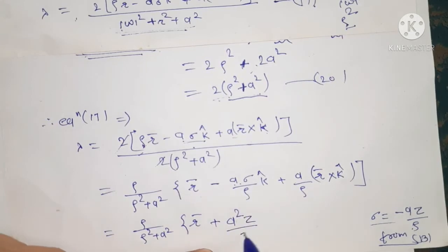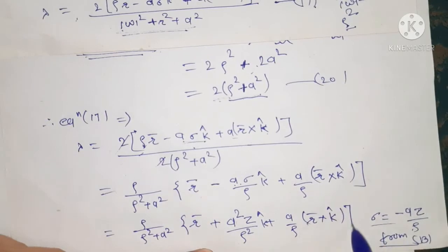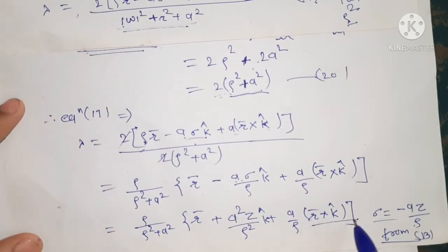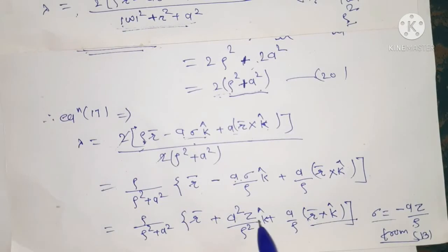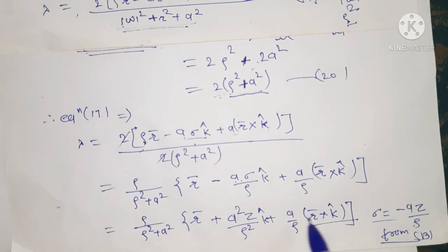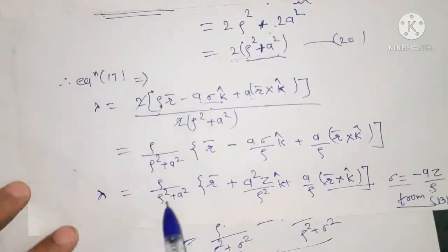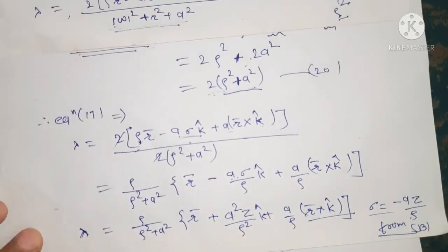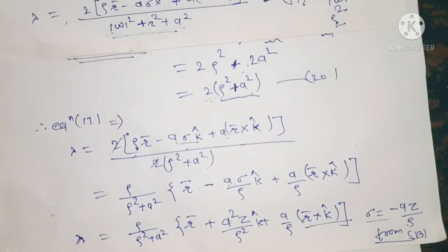So a square z upon rho square k cap plus a upon rho r bar cross k cap. Now we solve for the cross product r bar cross k cap. This is the value of lambda, but we find this value in terms of i j k so that we get the components, that is lambda 1, lambda 2, lambda 3.